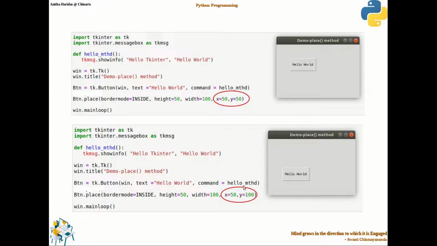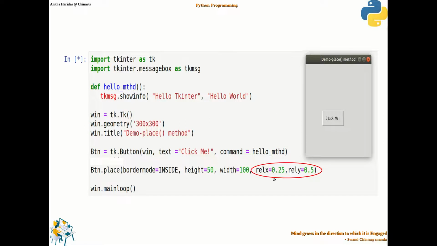So see how the x and y values in the place method change the position of the widget, and this is a relative one. The advantage here is that the relative one will change the position of the widget according to the size of the window, right? So when the window is maximized, minimized, or resized, the widget position will be adjusted automatically.